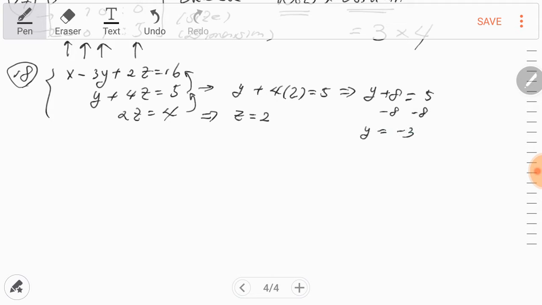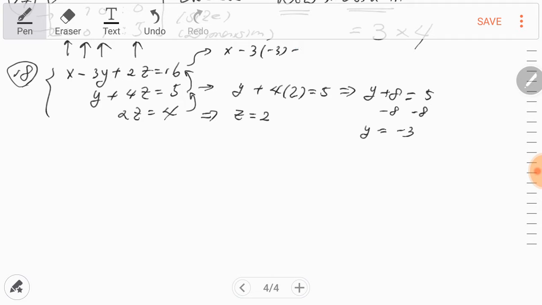Okay, from the first equation, x minus 3 (the y value is negative 3), plus 2 times the z value, which is 2, equals 16. Then x plus 9 plus 4 is equal to 16. Then x plus 13 is equal to 16.